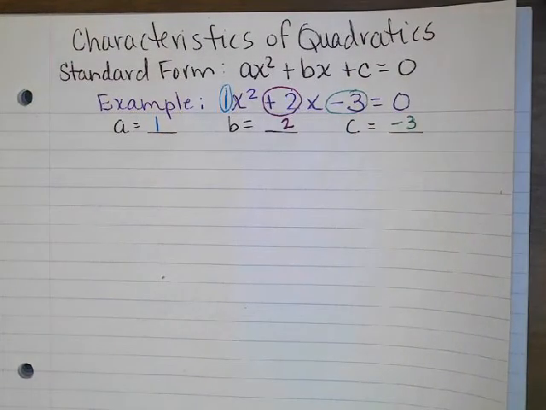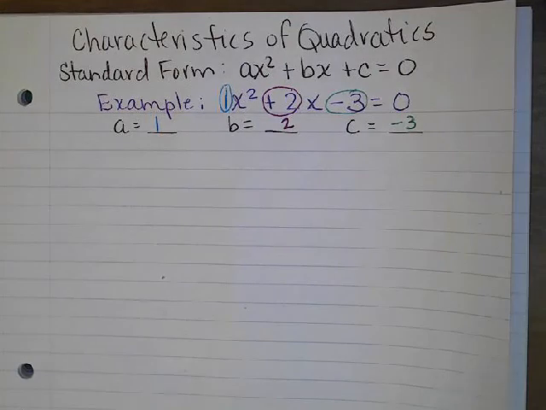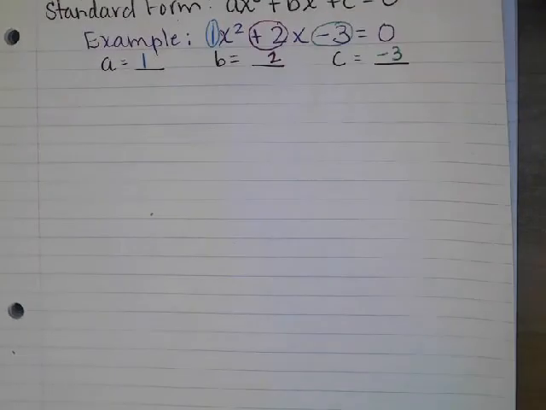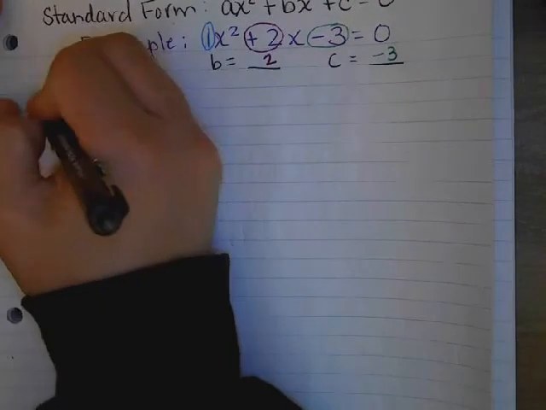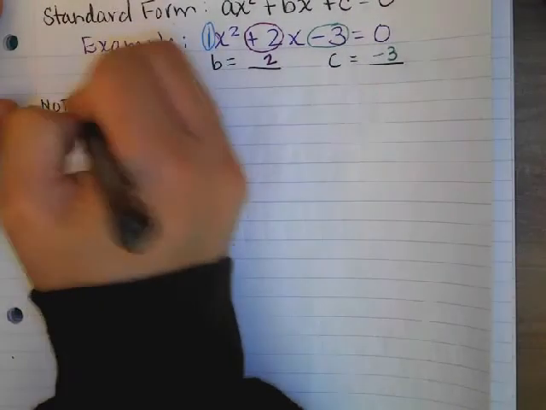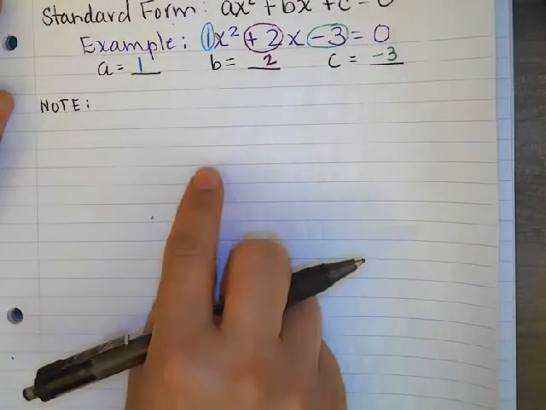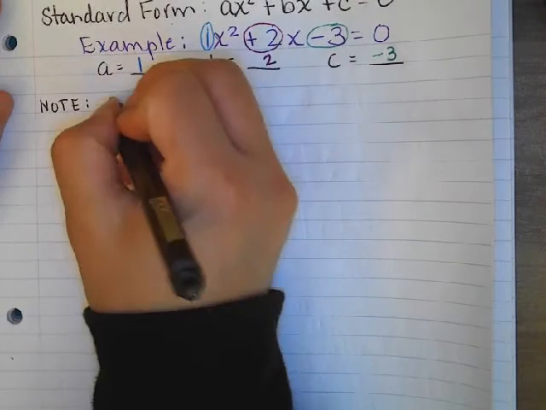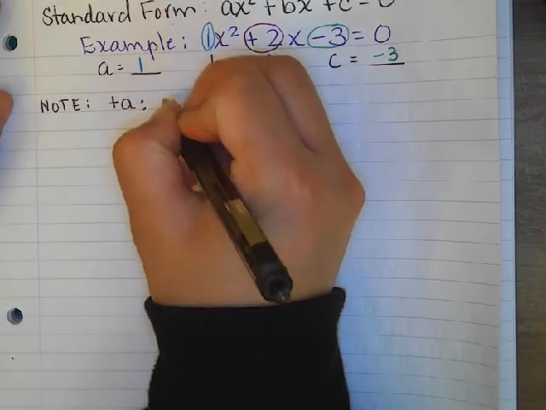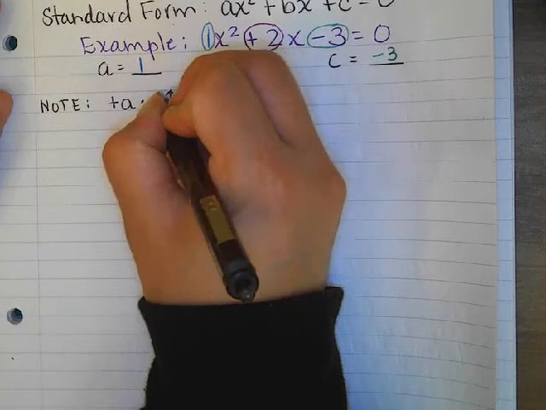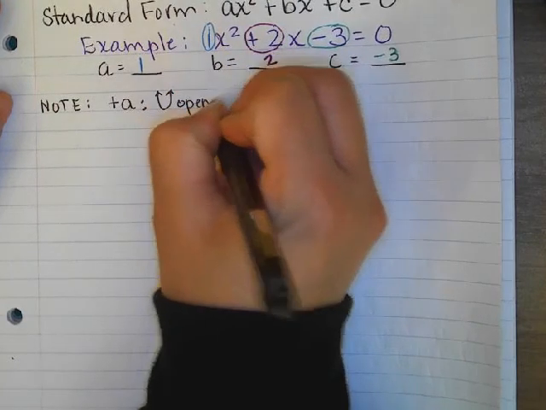Okay, now what is so important about these little numbers? Let me show you what you can do with them. The first thing I want you to note is that the a is important because if it's a positive a, that tells you, oh, I'm going to have a quadratic that opens upward.